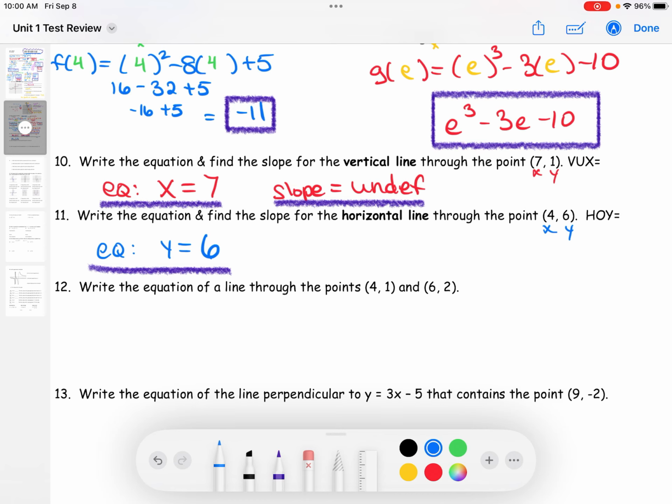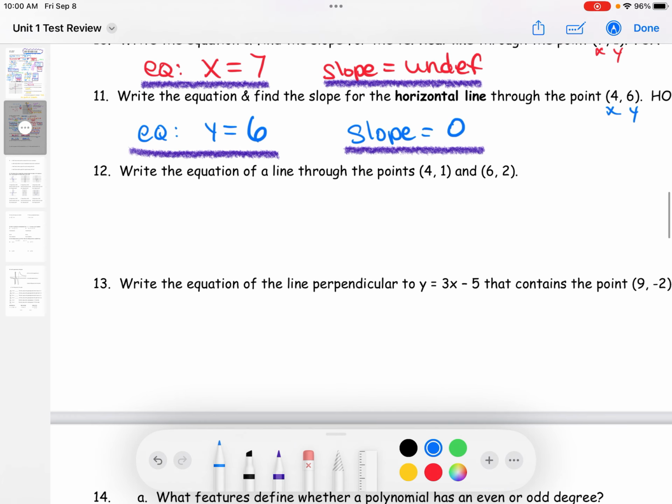Now, let's take a look at number 12. We are going to write the equation of the line through 2 points, x1, y1, x2, y2. First thing we need to do is find the slope of the line.